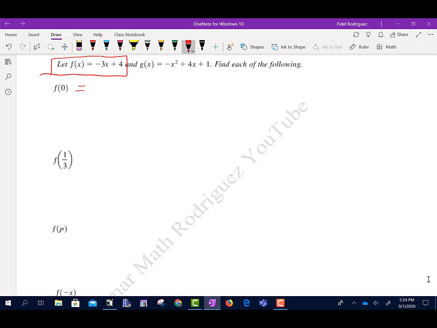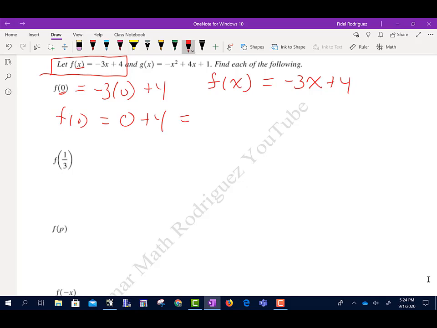So what I'm going to do here, guys, is a little stare and compare. f of x is negative 3x plus 4. If you notice, the only thing that's different from here to here is now we're using a 0 where the x used to be. So I'm going to write negative 3 times 0 plus 4. So f of 0, negative 3 times 0 is 0, plus 4 is equal to 4. So that just told me that f of 0 is 4.